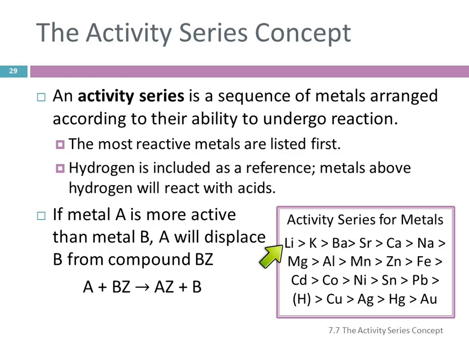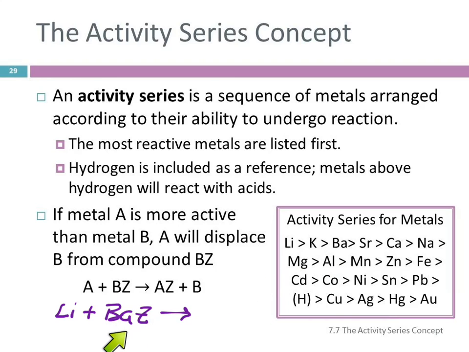So if we have lithium and barium in this scenario, and we don't care what Z is, she's just some girl, right? Here, if we have lithium plus barium with Z, whatever that is, we can look at the list and ask, is lithium more active? Is lithium more macho than barium? Yeah, he is.